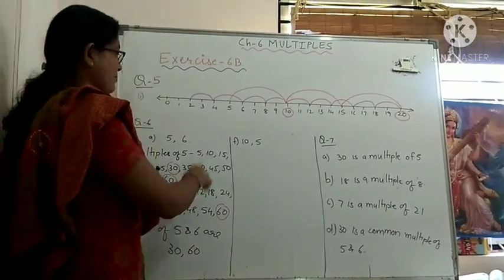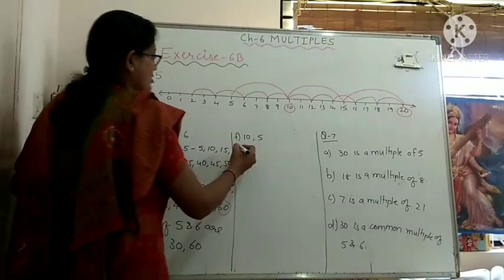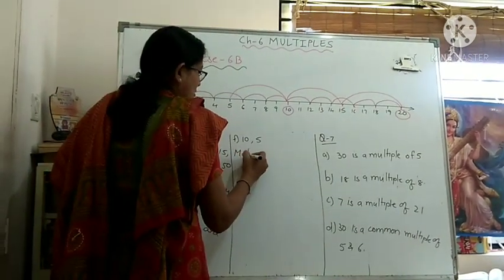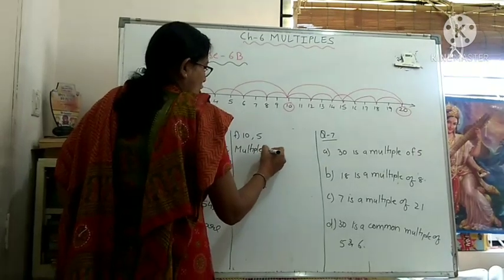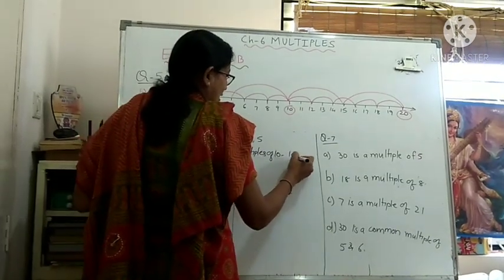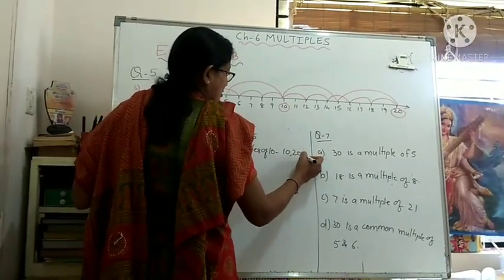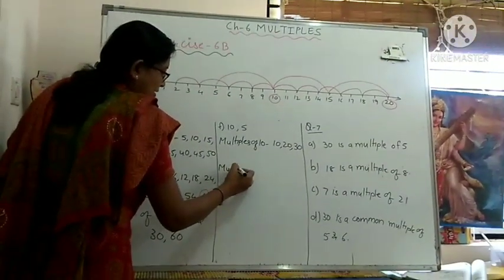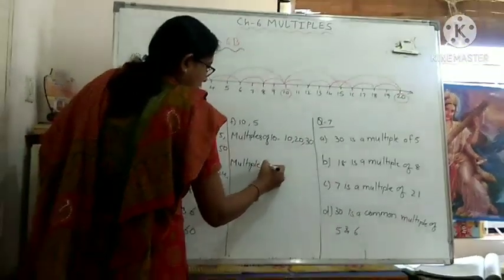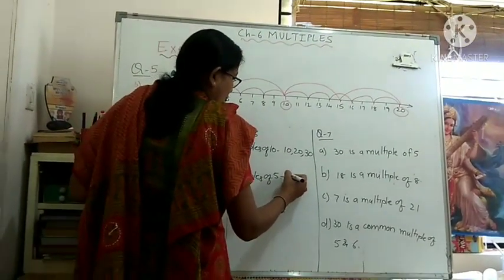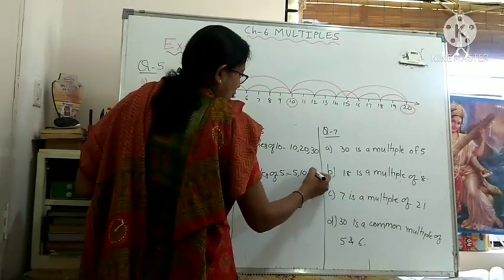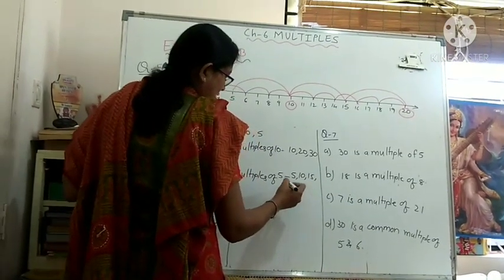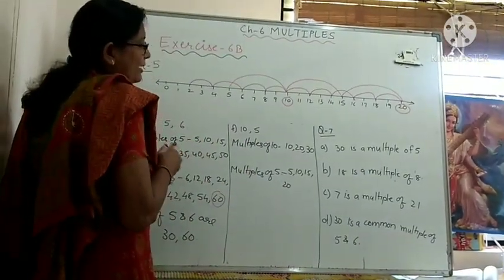Right? Same method, we will continue with part B. First we will write multiples of 10. 10, 20, 30. See, I know, so I am not continuing further, but I am keeping some space in between. Now, multiples of 5. 5, 10, 15, 20. Now I know that I have got my common multiples.